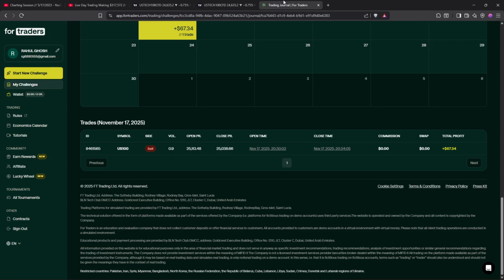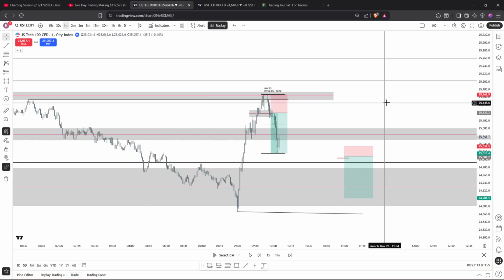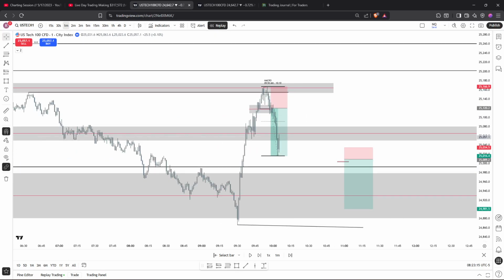The trade's overall profit was US 100. I just wanted to show the execution as well. So that was the overall output of this trade. Let's see what happens today.